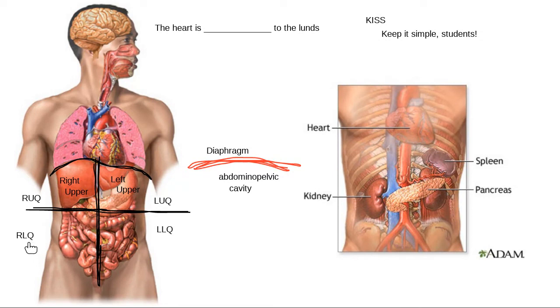Does anyone know what is found in the right lower quadrant that could mean you need surgery right away? Yeah. So what lives down here in the right lower quadrant that we definitely don't want to be angry is the appendix. So the appendix is down here. It attaches at the very beginning of the large intestine.